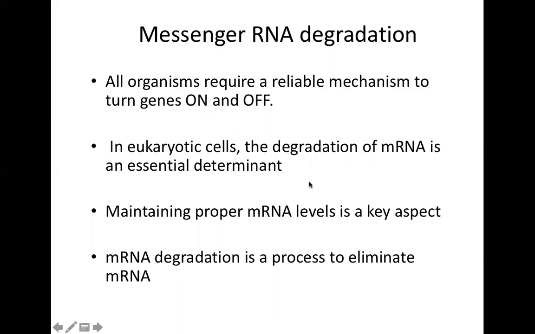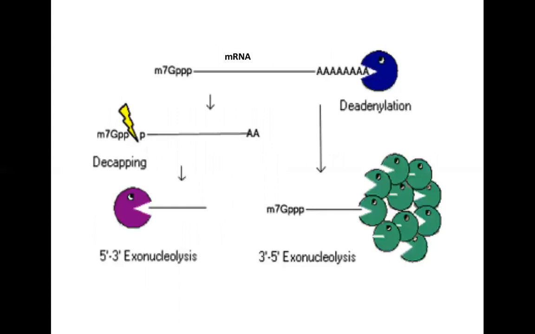So this balance between the production of the mRNA molecules and the degradation of the mRNA molecules would determine the net production of the protein. How much protein is to be made. So for this, we need different mechanisms to degrade the mRNA molecules that we will talk about in this lecture.